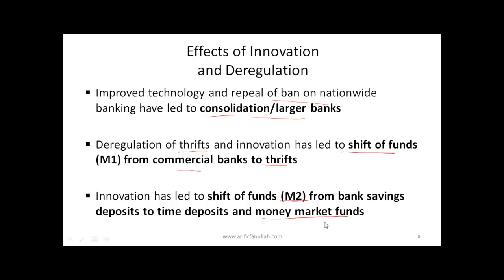And you might see some of this here in Pakistan also, where over the last few years, money that might have been sitting in a regular saving account is now also moving into money market funds. So at a personal level, what I recently did was I had some money sitting in my savings account. I took that out of my savings account and put it in that same bank's mutual fund. Okay, so these things are happening in the industry.